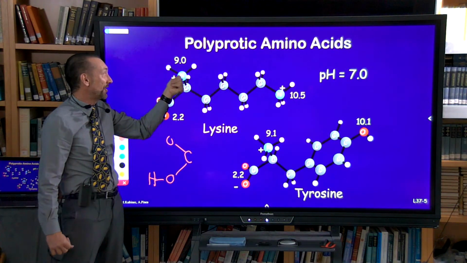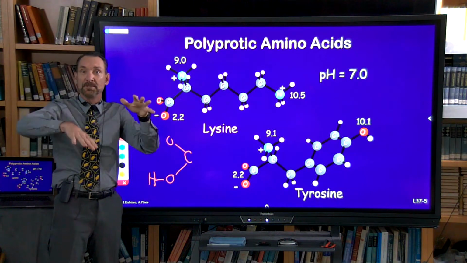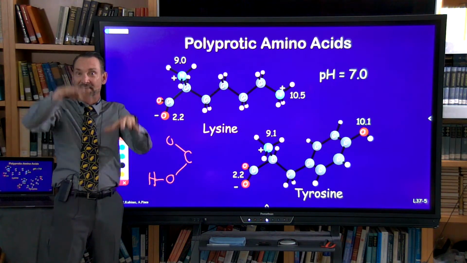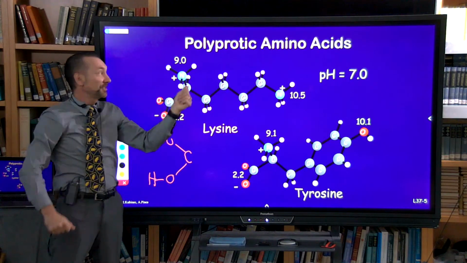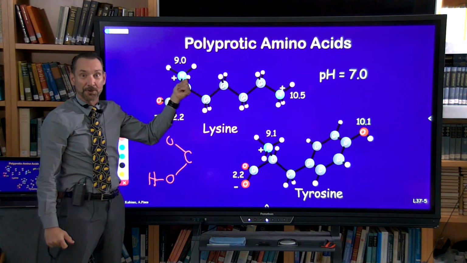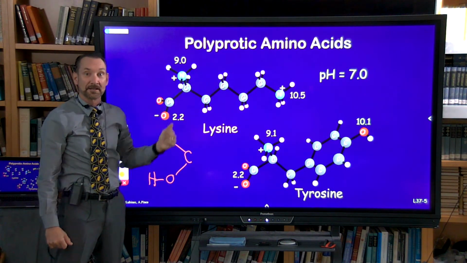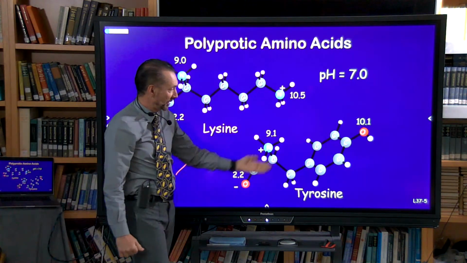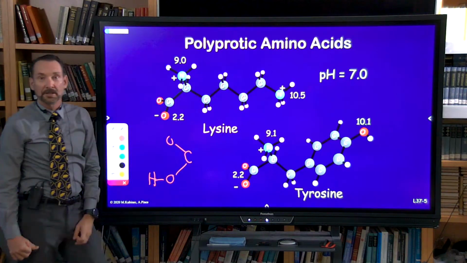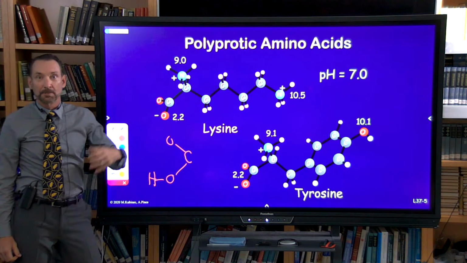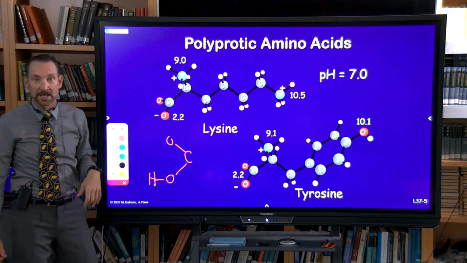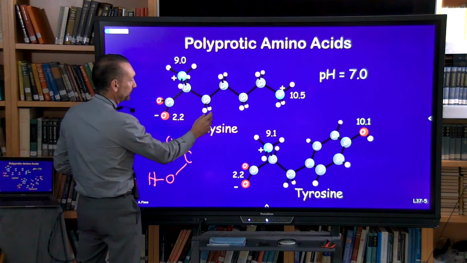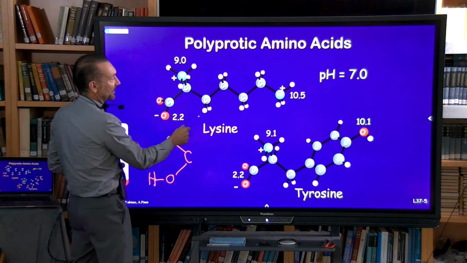We haven't even started to get to pH 9, where it would be half and half. So this is all the acid form, because we're on the acidic side of its pKa. And so on. You can make those connections comparing the pH to the pKa of the acid. So that's lysine and tyrosine.